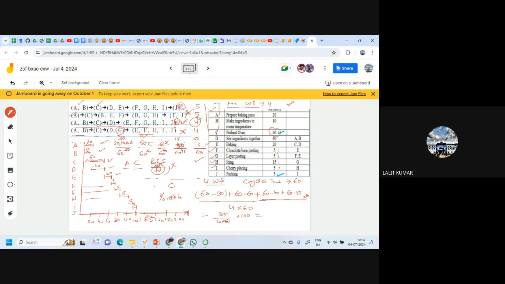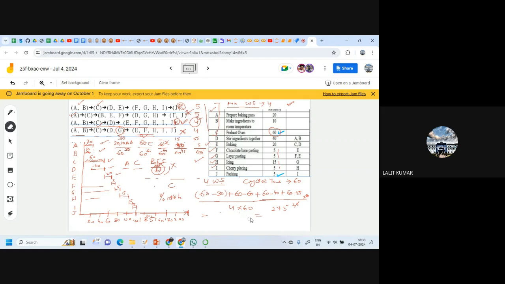Can somebody give me this, please? Suraj, can you give me this figure here?